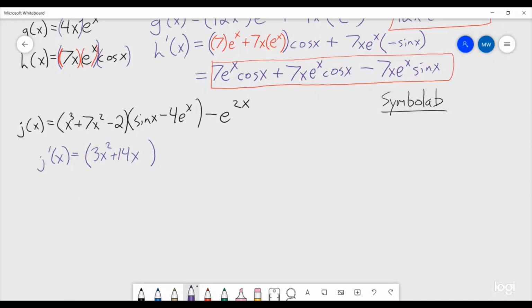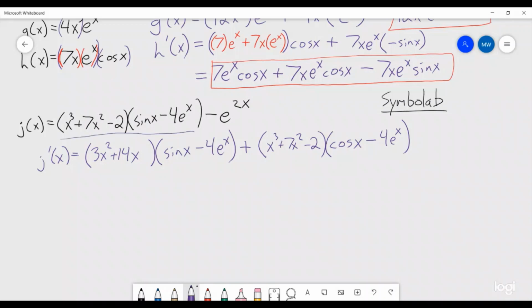So it's derivative of the first times the second, so times sine x minus 4e to the x, plus the first, so we don't change that one, so x cubed plus 7x squared minus 2, times the derivative of the second. Okay, so the derivative of sine is just cosine of x, minus 4e to the x, and the derivative of that is a minus 4e to the x. So that's the derivative of this piece.